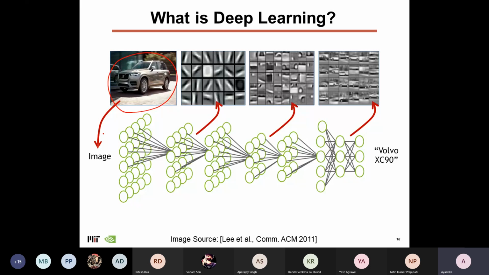So maybe this is a matrix of multiple image pixels. Now, from that image pixel matrix, first you have to extract some broad level features. In this learning term, we can call them very low level features. Here you can see from this image, you can extract maybe some curved lines, some left slanting lines, some right slanting lines, some circles. So these are different types of features you are extracting.